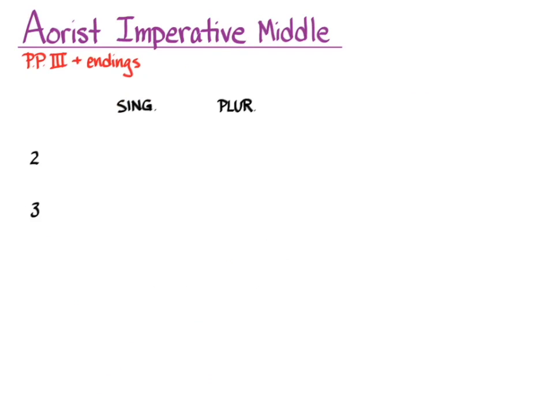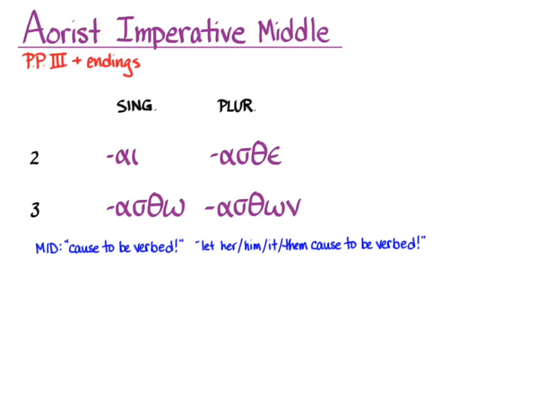Third principal part and endings, and those endings are ai, asthо, asthe, and asthone. Just doing the middle this time, so it's cause to be verbed, or let him, her, it, them cause to be verbed if it is in the third person. Or, of course, this will be the special middle meaning of whatever verb you're in.